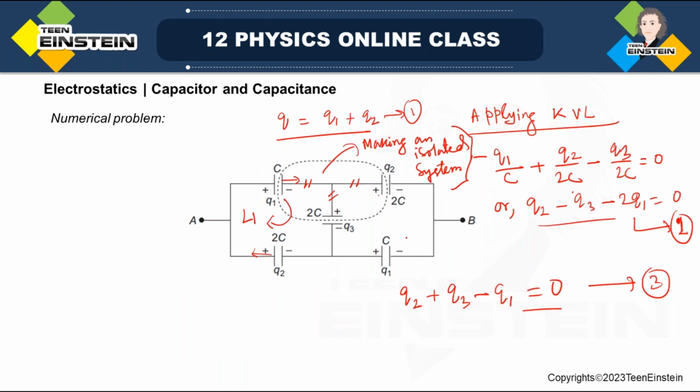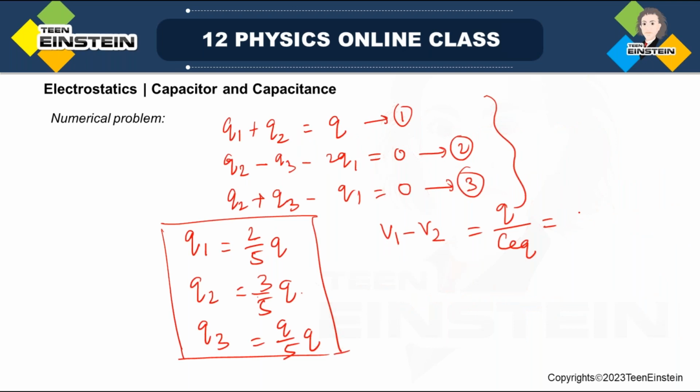Look at this here. Potential difference across anything, across these two, I'm just writing Q1 by C and Q2 by 2C. Because for any branch you just calculate, that will be V1 minus V2 because they are in parallel combination.